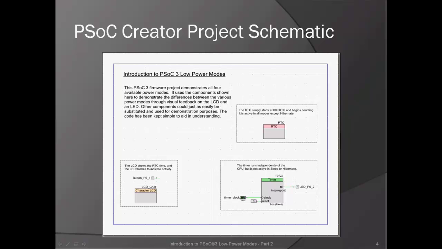The character LCD component is used to output a visual description of what mode the device is currently in and to display the RTC time. Pin 6.1 is configured to have an internal pull-up and is connected to a momentary push button used to trigger pin interrupt events for use by the firmware. These components were chosen because they are built from elements that behave differently across the four power modes. They could be substituted with any number of different functions.